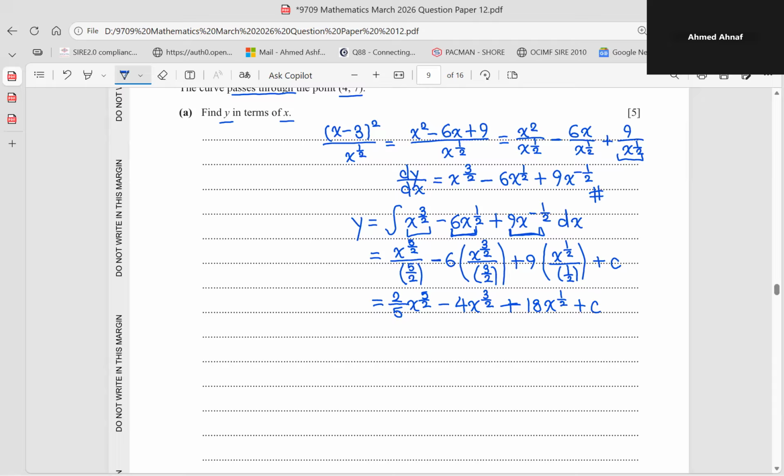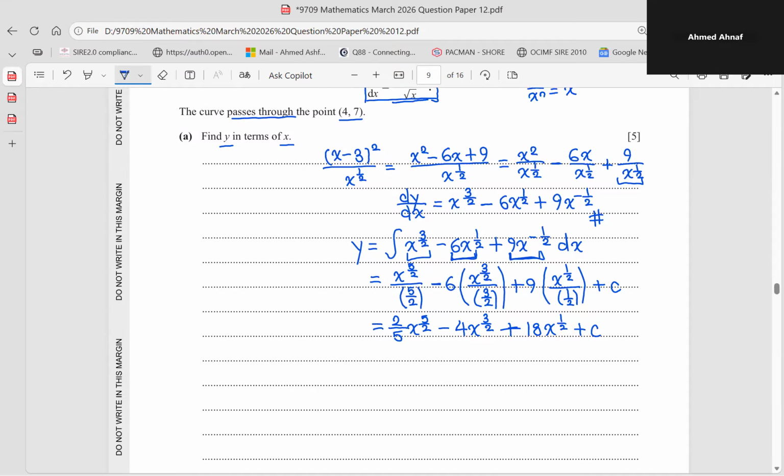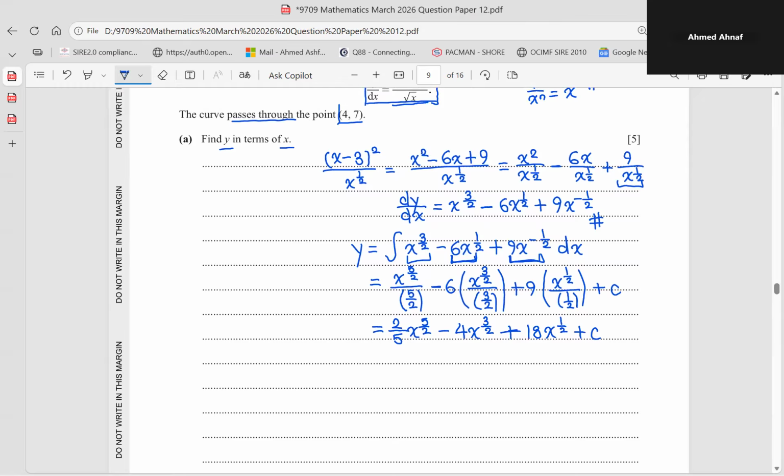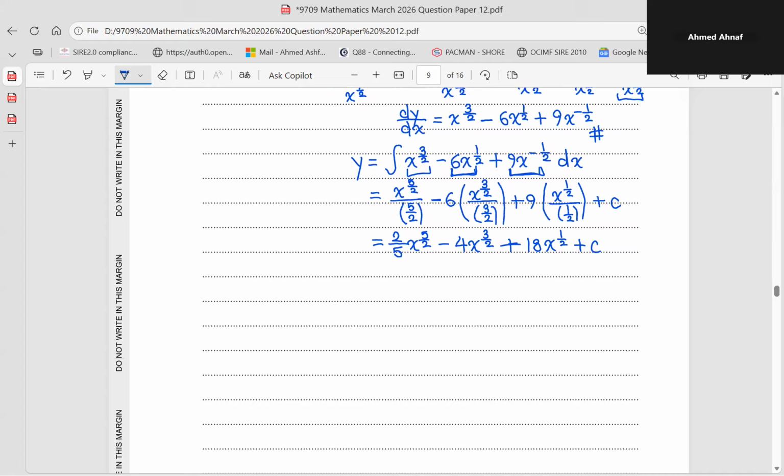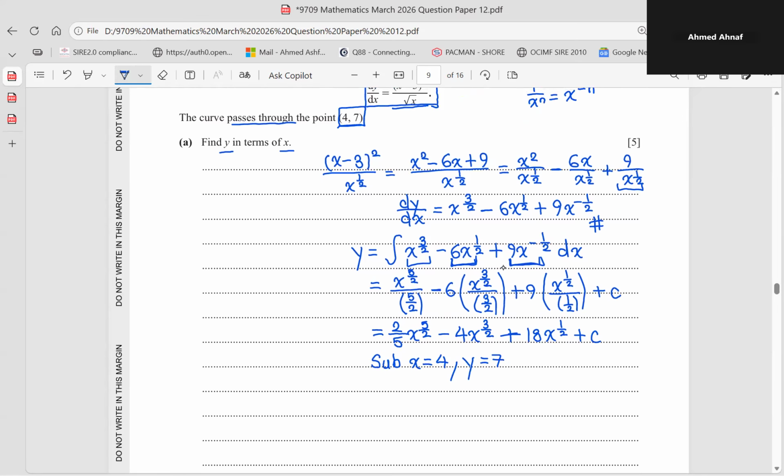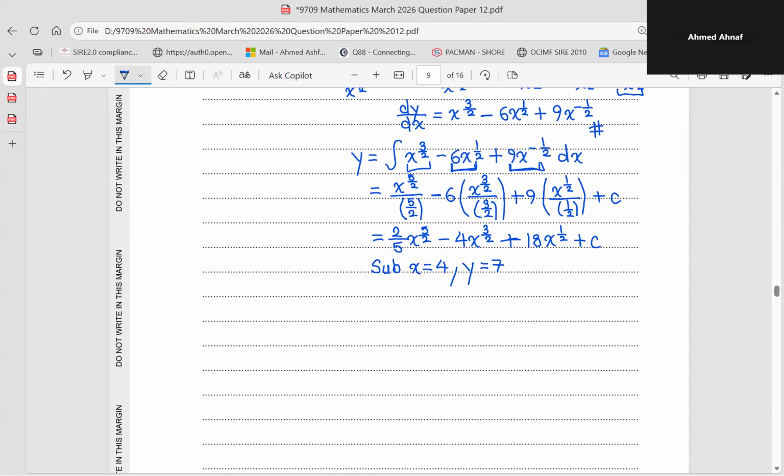So that's y in terms of x. But you still have to solve for the unknown constant c. And that's where the second piece of information is relevant. So we're just going to substitute the coordinates. So we're going to substitute x equals to 4 and y equals to 7 because the curve passes through those points.